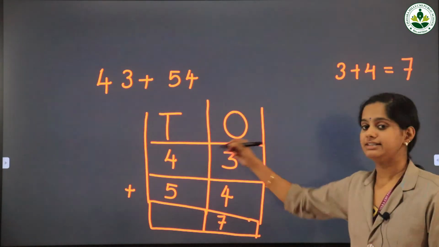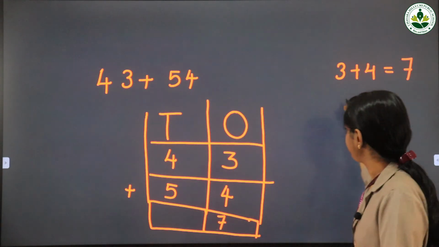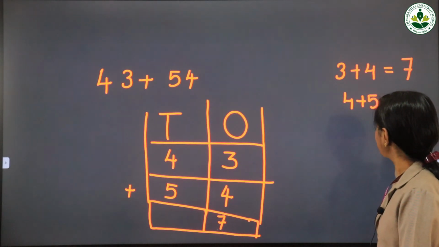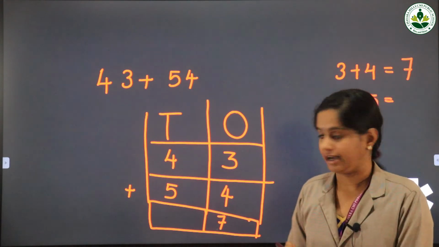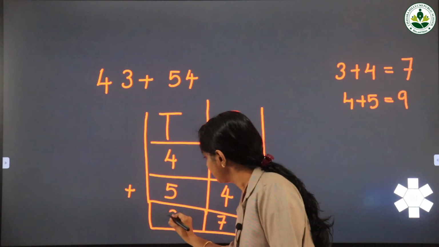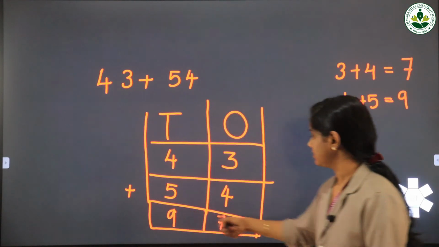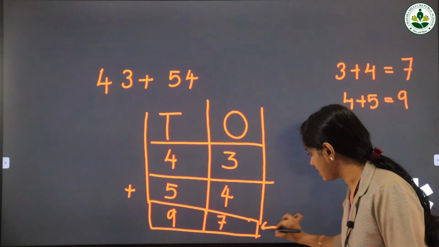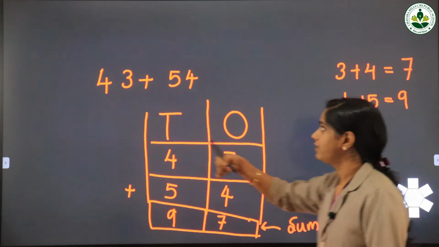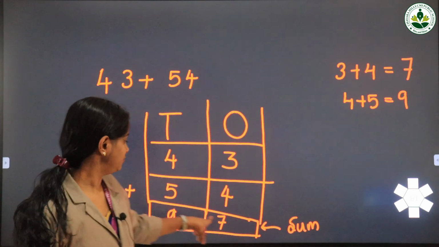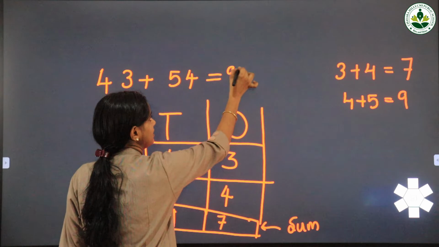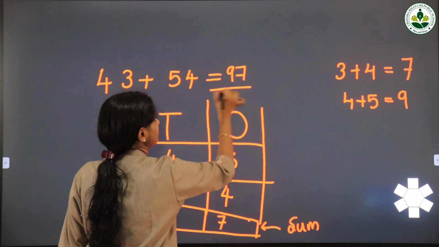And then add the digits in the tens place. 4 plus 5 is equal to 9. So we write 9 in the tens column. 97 is the sum. 43 plus 54 is equal to 97.